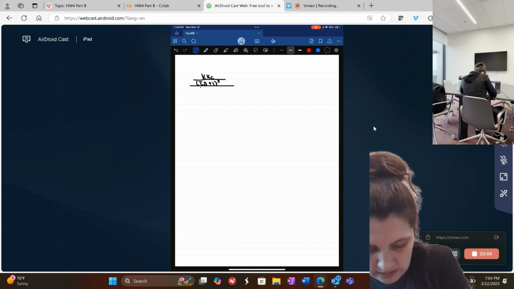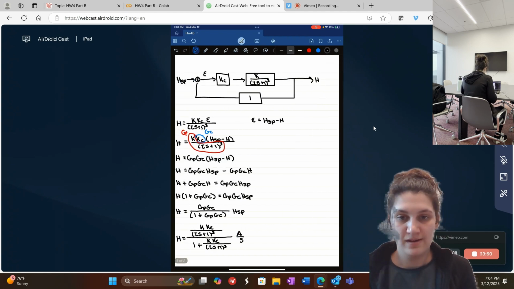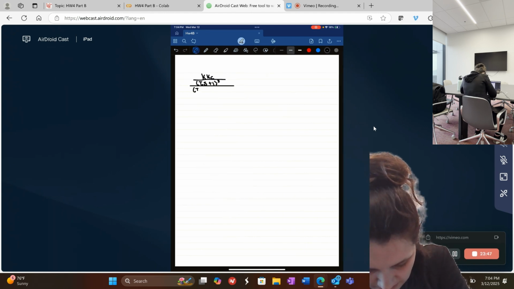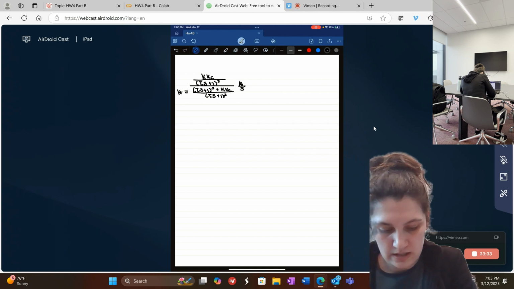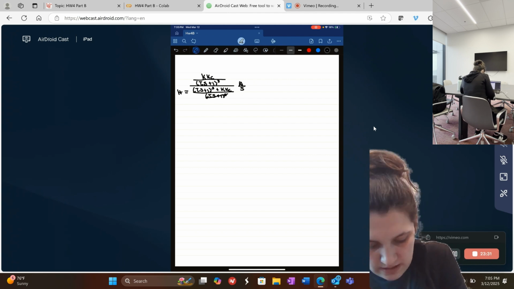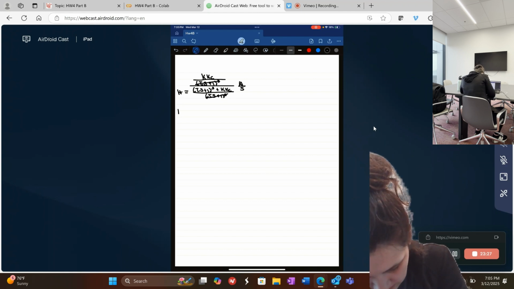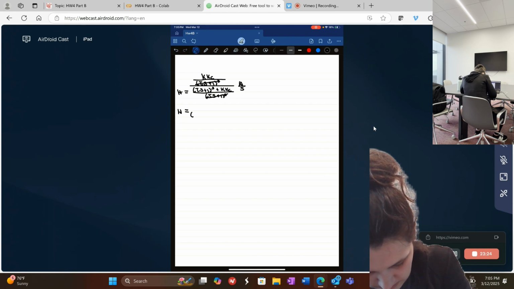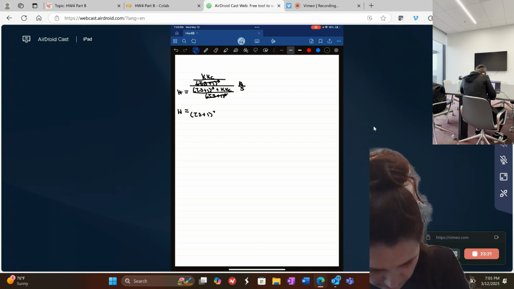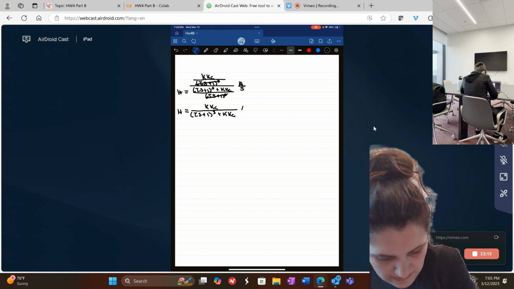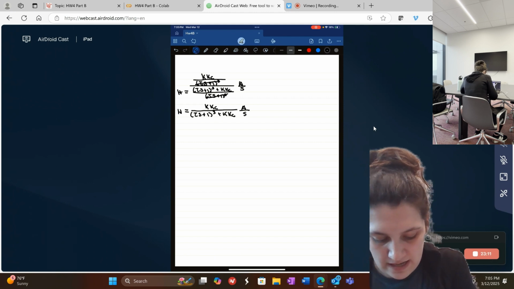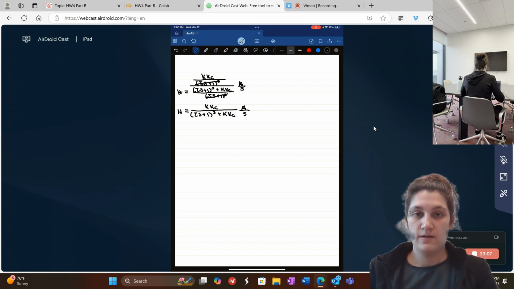That's all over, to get common denominators here in our other denominator, we're going to have (tau S plus 1) cubed plus K Kc all over (tau S plus 1) cubed, times A over S. This is all equal to H. And now what we can do is cancel these denominators, which leaves us with H is equal to K Kc times A over S, all over (tau S plus 1) cubed plus K Kc. And there we have our function.